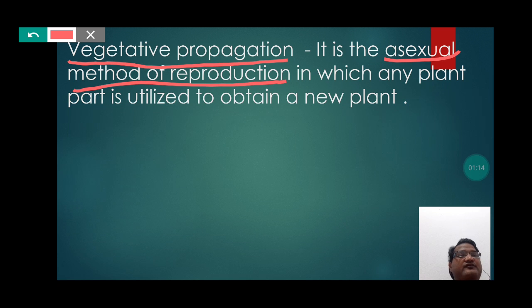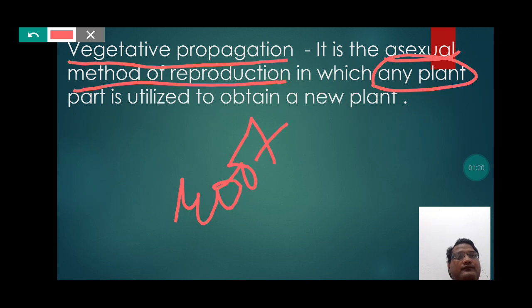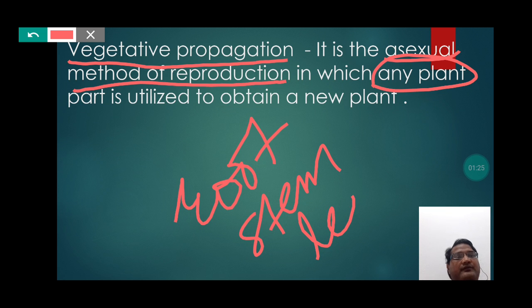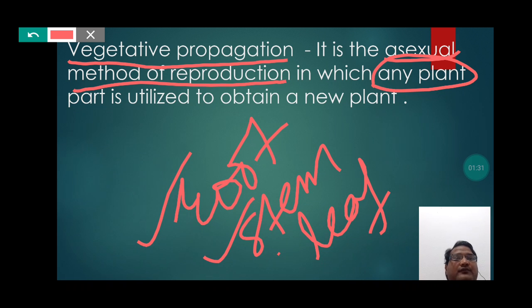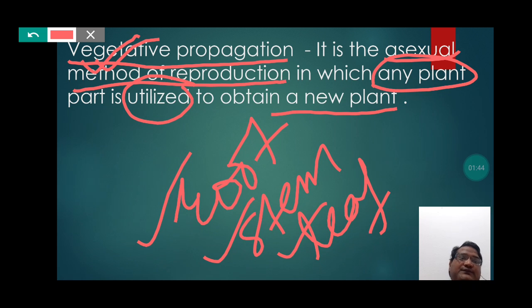And in this asexual method of reproduction, any plant part which can be root, stem, or even a leaf, when utilized to get a completely new plant, is called vegetative propagation.